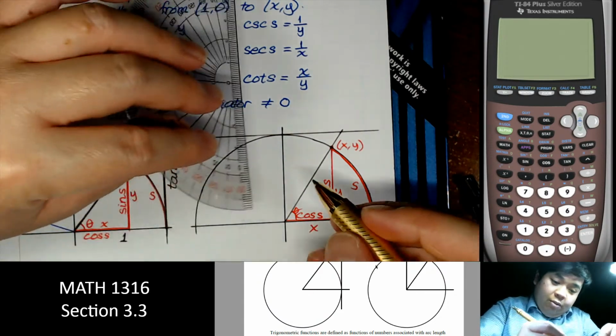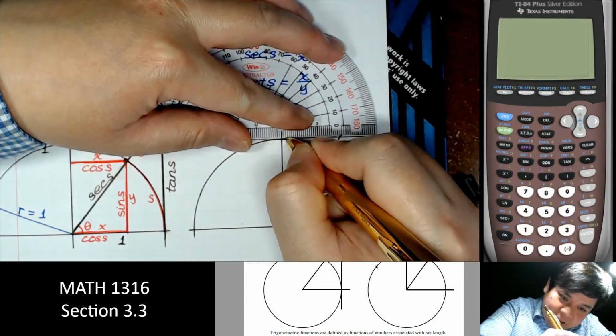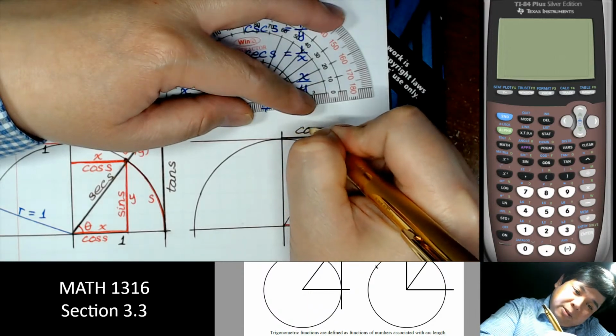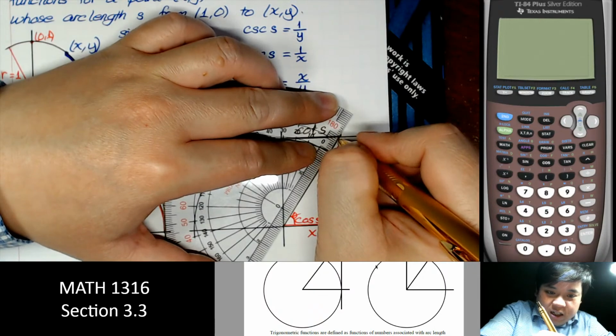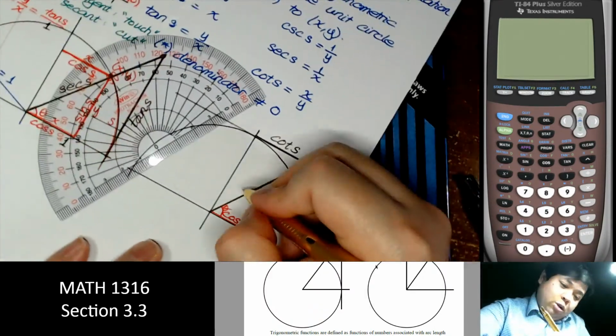This time that distance here is cotangent, and the whole line that cuts to the center is cosecant.